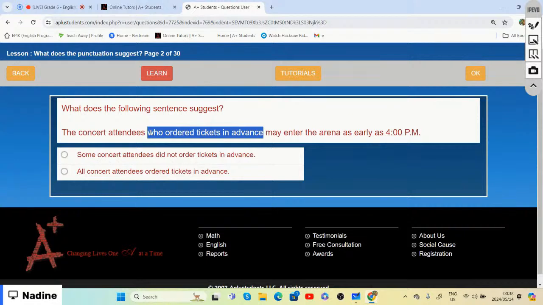So, does it suggest option one, that some of the concert attendees did not order tickets in advance, or does it mean all concert attendees ordered tickets in advance?